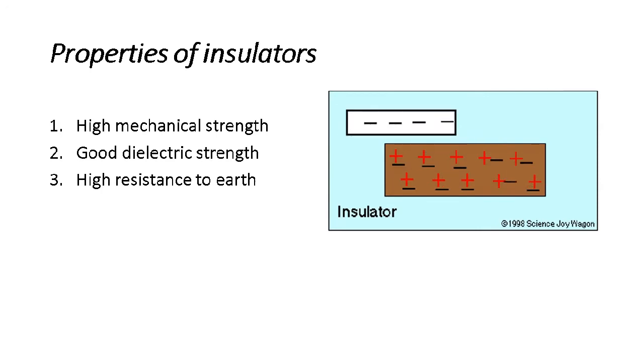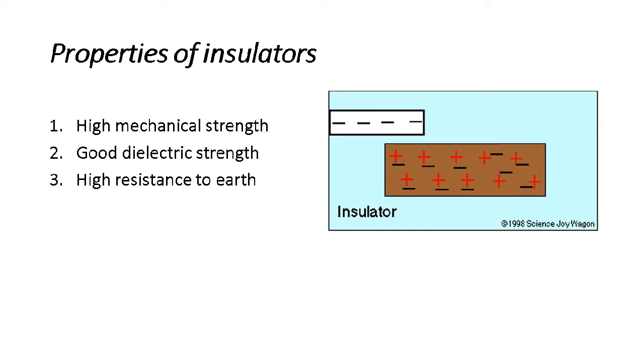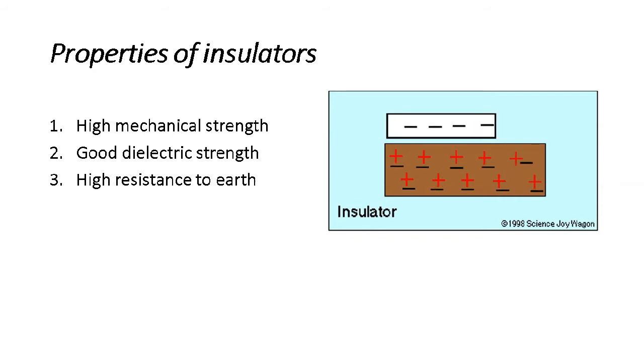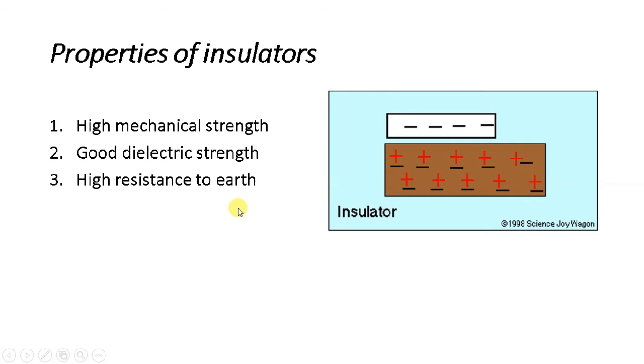To increase the resistance of the leakage path, we always notice that the shape of the insulator is not very straightforward, it is complex. That is why the shape of the insulator is like that: to increase the resistance, or high resistance to earth.